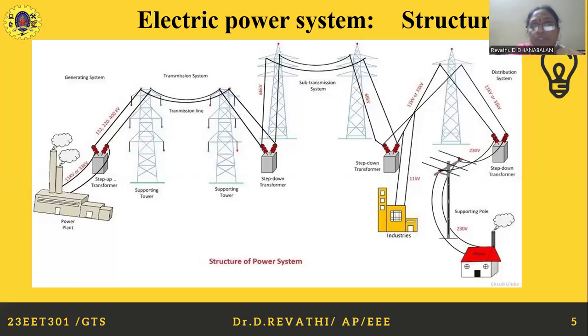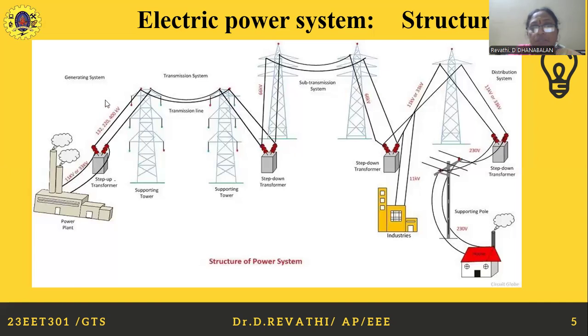Because of the losses, we need a higher kV value to transmit from one area to another. For this purpose, we step up the voltage through the transformer. So 11 kV is produced from the power plant, and it is converted into 130, 220 or 440 kV.